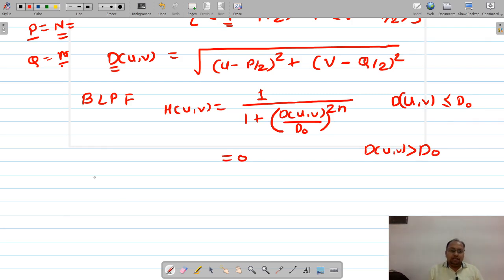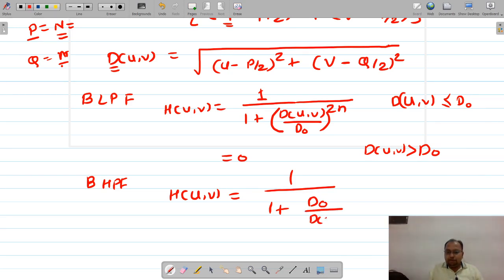Is that fine? Similarly, the Butterworth high pass filter is represented by H(u,v) = 1 / (1 + [D0/D(u,v)]^(2n)).